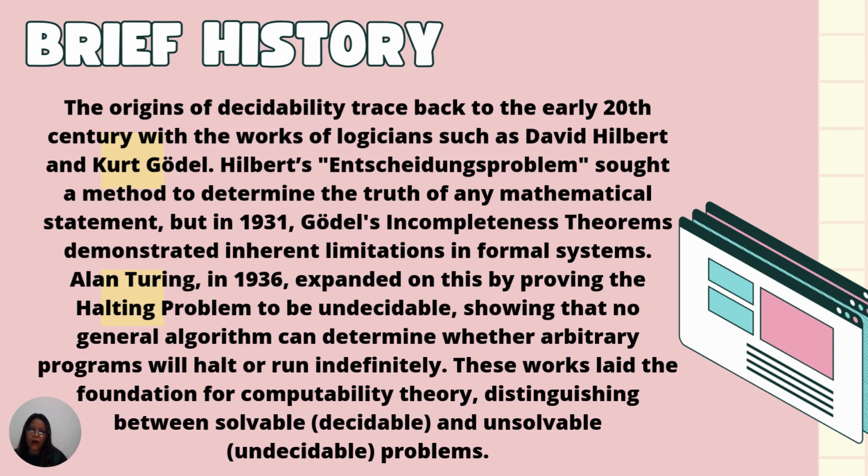Kurt Gödel, in 1931, showed with his incompleteness theorems that some truths in mathematics cannot be proven, revealing limitations in formal systems. So that is Kurt Gödel.